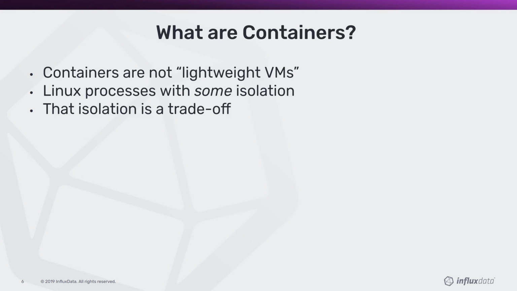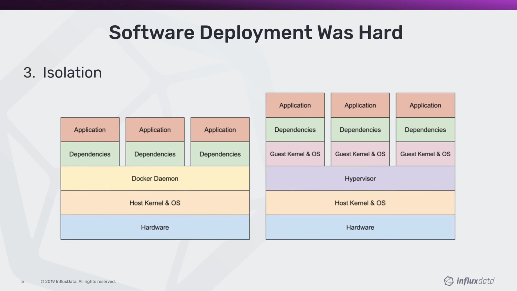It's just a process that has been configured with some isolation using cgroups and namespaces, some kernel features within Linux. And that isolation is a trade-off. It's quite a big trade-off. So when you compare to what you get with the hypervisor and VMs, which is complete isolation, with containers we share a kernel.